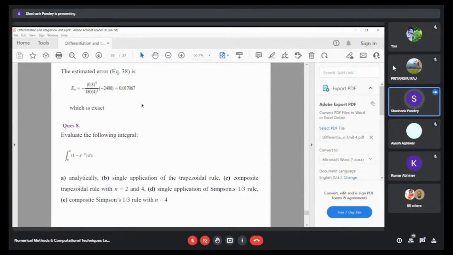So this suggests that applying the composite Simpson 1/3 rule for the previous example gives an exact value of the integral.